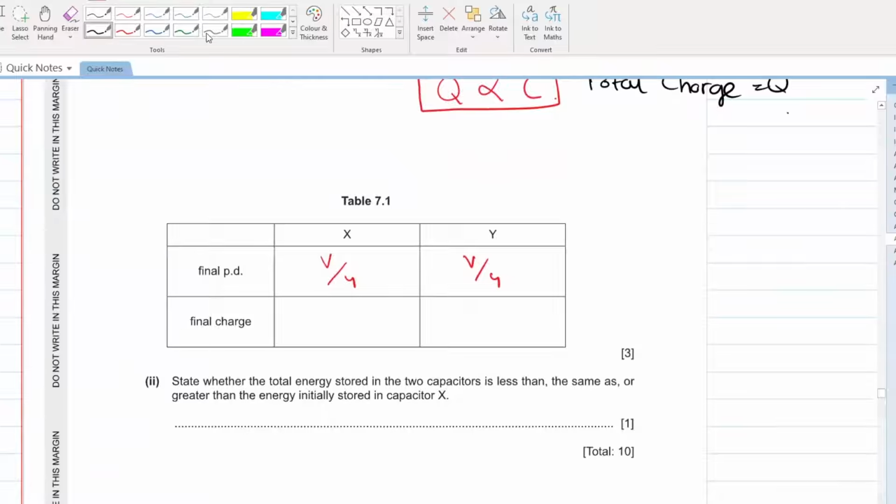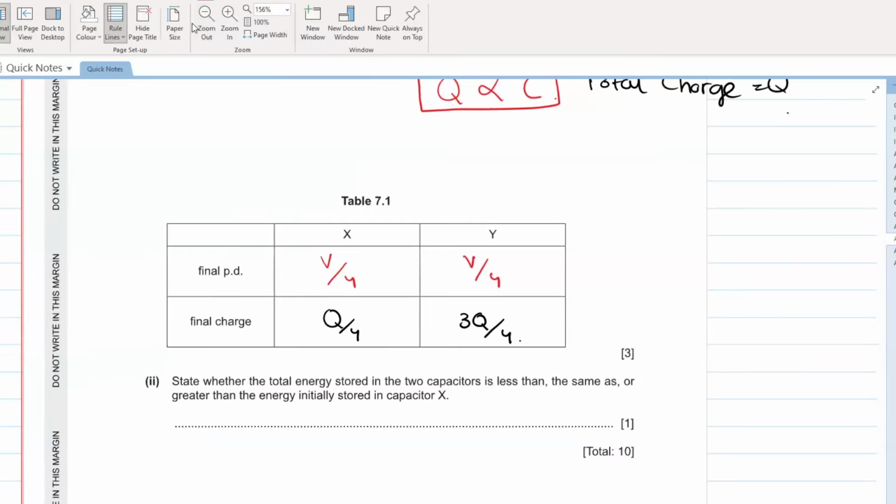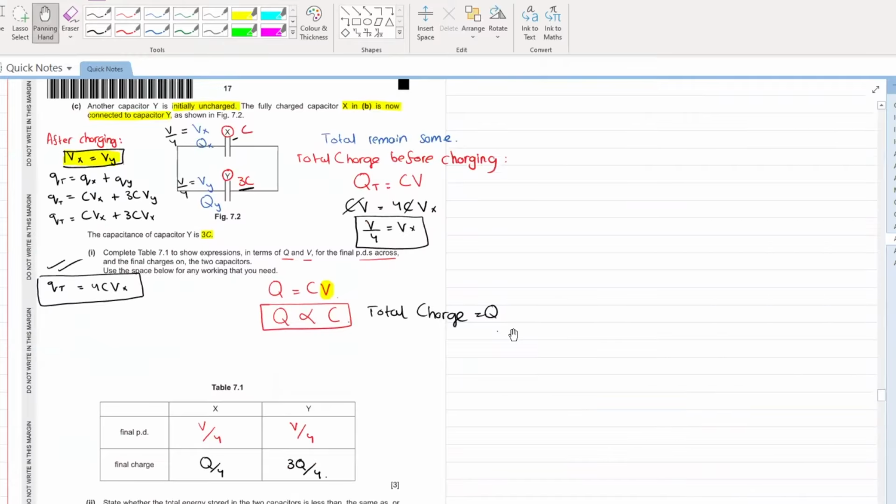So the final charge on X will be Q divided by 4, only getting one portion, and Y will get 3 portions. Your charge on Y will be 3Q over 4. See how easily I did this question, no extra working. All clear up till now? Yes or no?